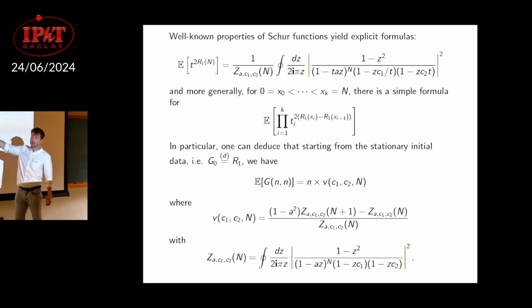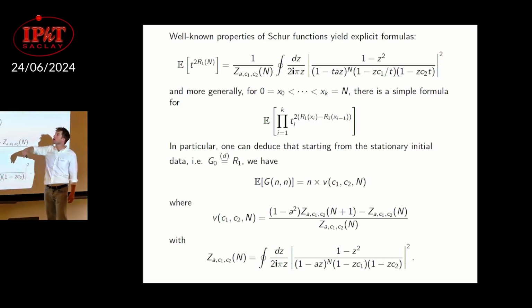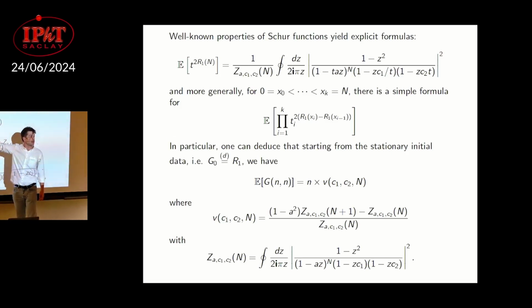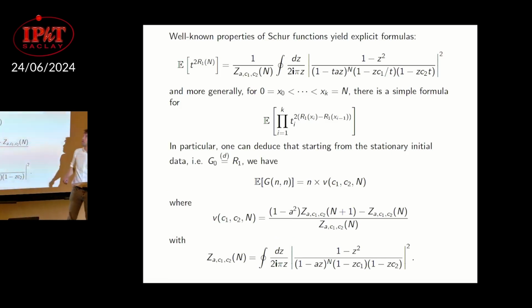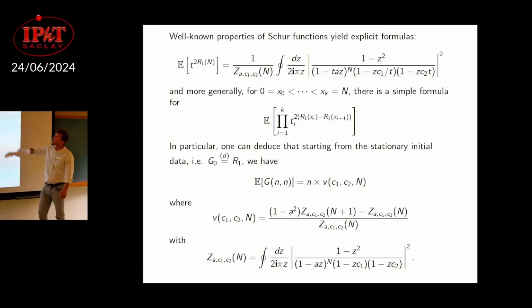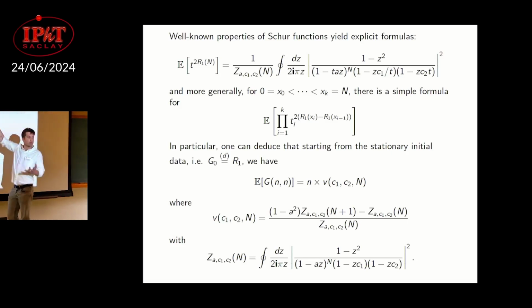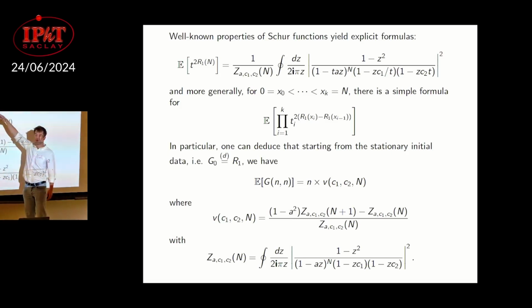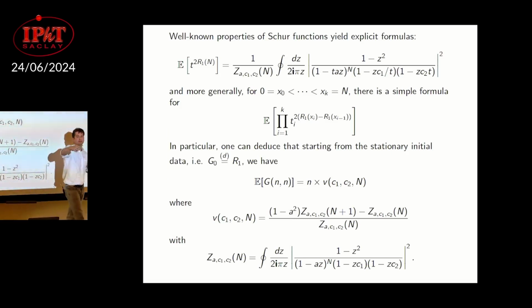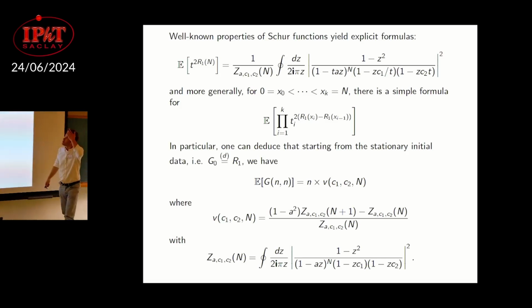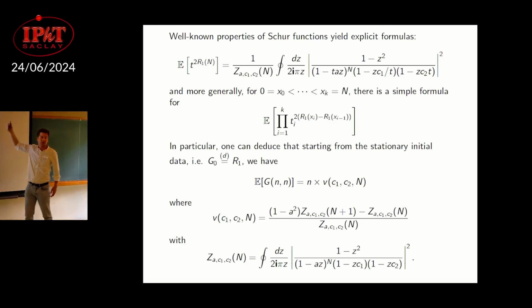My stationary process was R1, and so here I wrote some formula for the generating function of this random variable R1 of n, but I could write similar looking formulas that are fully explicit for the joint distribution of increments under that stationary measure, and it's just an n-fold or k-fold integral instead of just one integral.